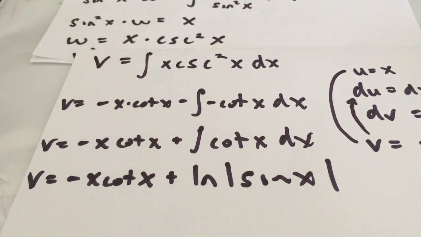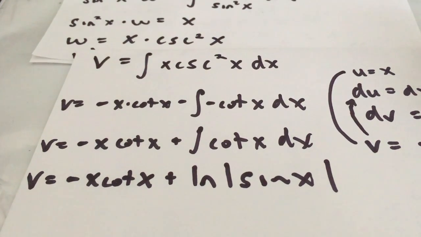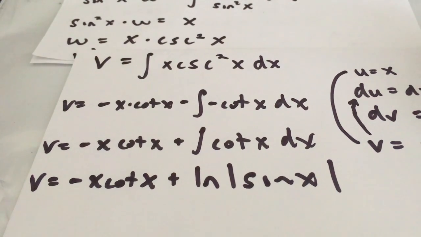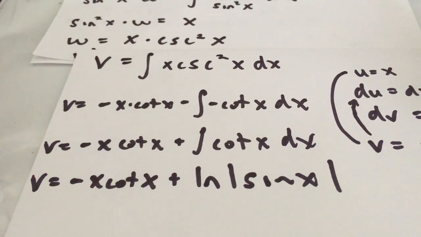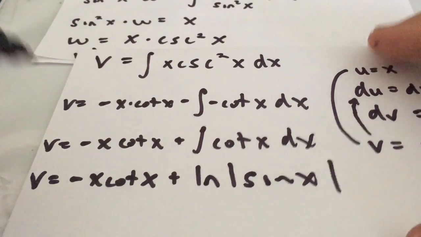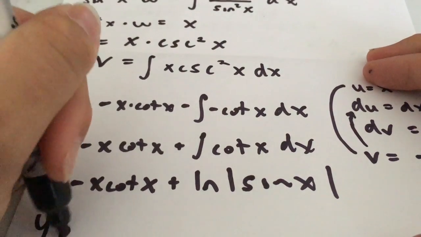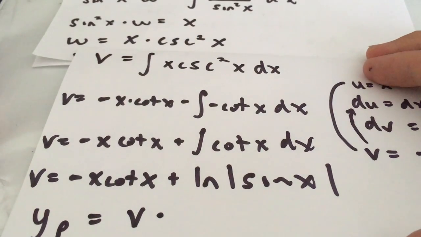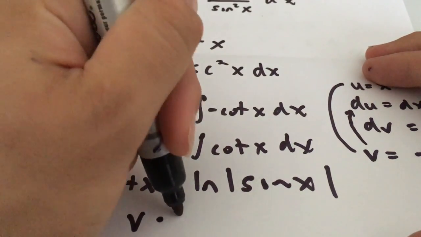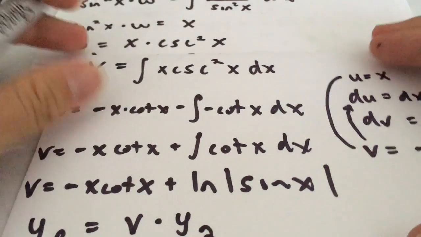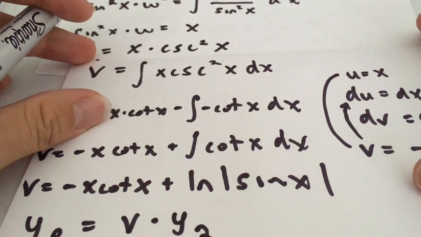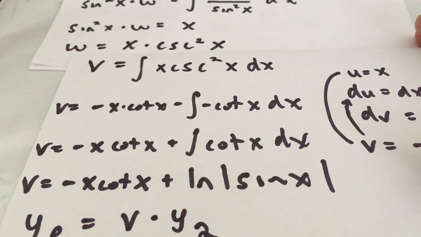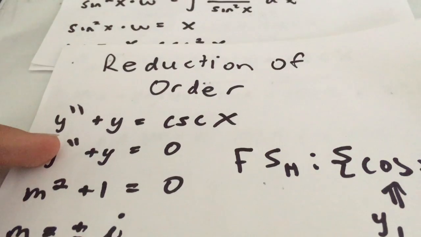So from here, after finding v, remember we were trying to find yp after a lengthy process. We want our particular solution for our general solution. We could say yp equals v times, in our case we said y2. And if you don't remember, y2 was sine of x.